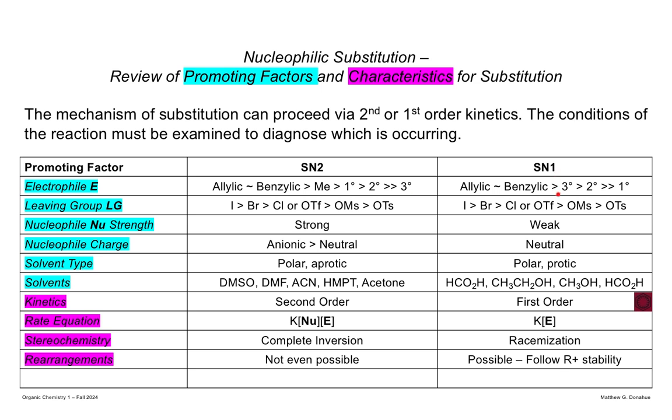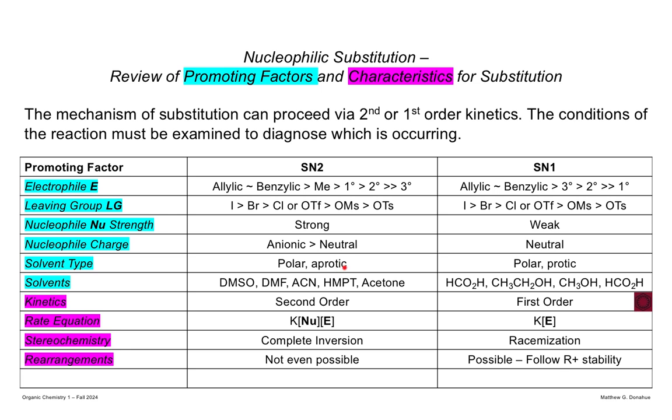And then for SN1, it's the opposite, where tertiary is greater than secondary and primaries do not react. The leaving group ability is pretty much the same for both. Nucleophile strength for SN2, you want it strong in terms of the ionic form. SN1, you want it weak.